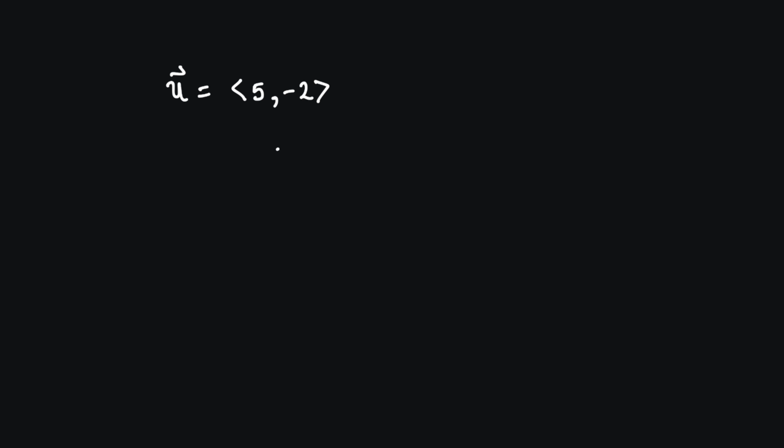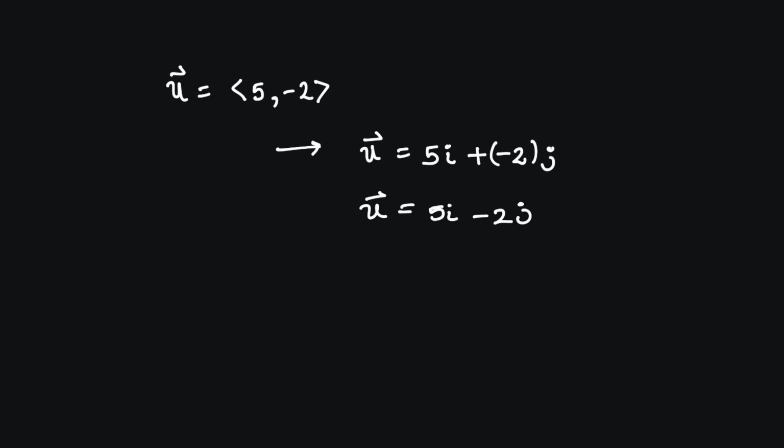The only thing that we need to do is take the horizontal component 5 and multiply it by i, and then add the vertical component -2 multiplied by j. A positive times a negative is negative, so we know that the vector u can be written in terms of the unit vectors as 5i minus 2j.